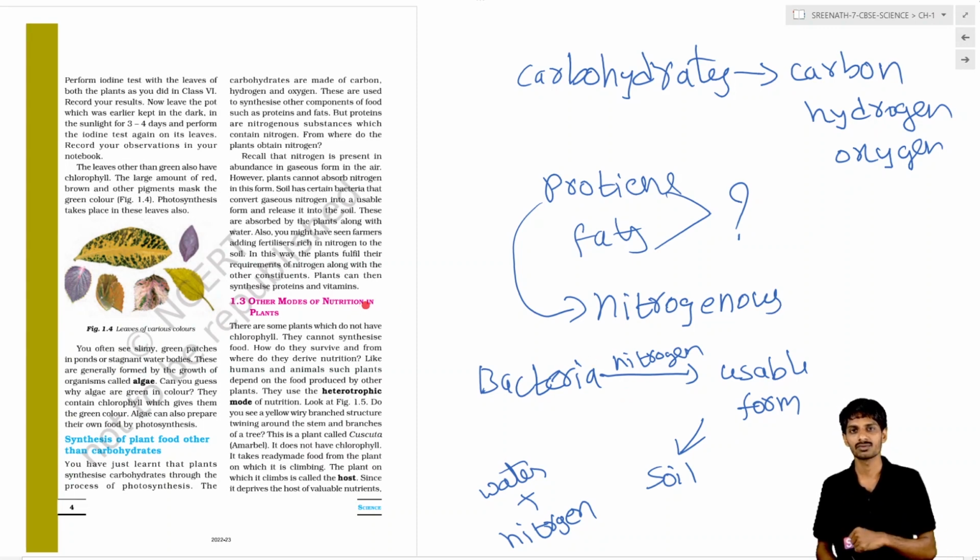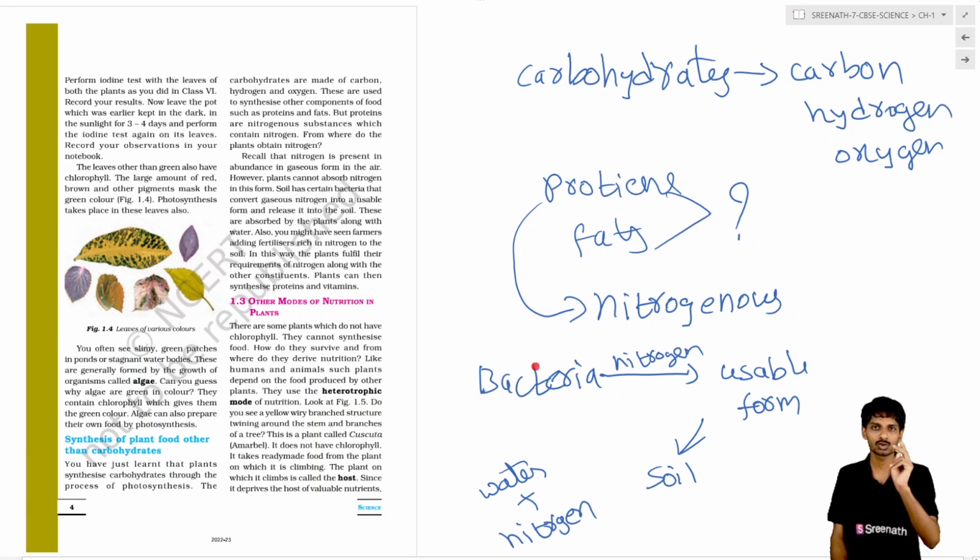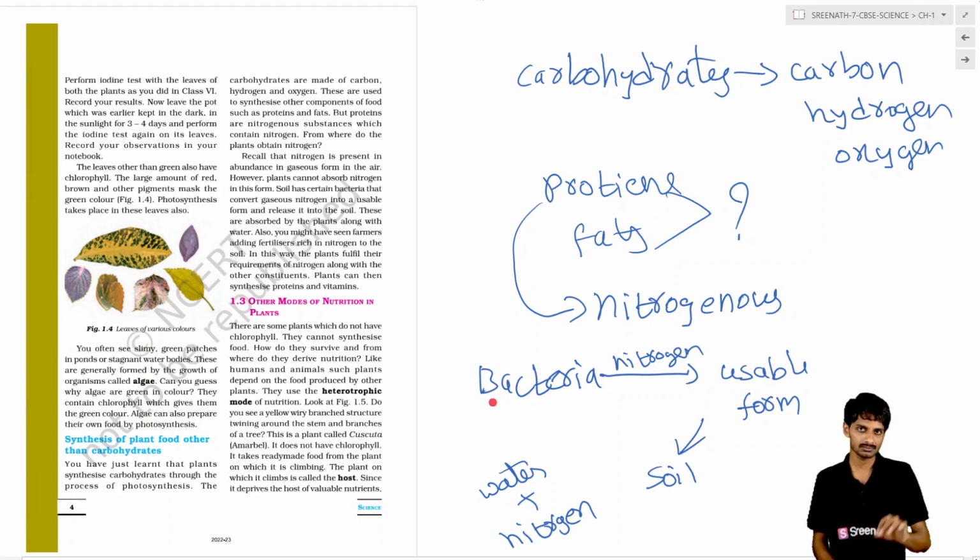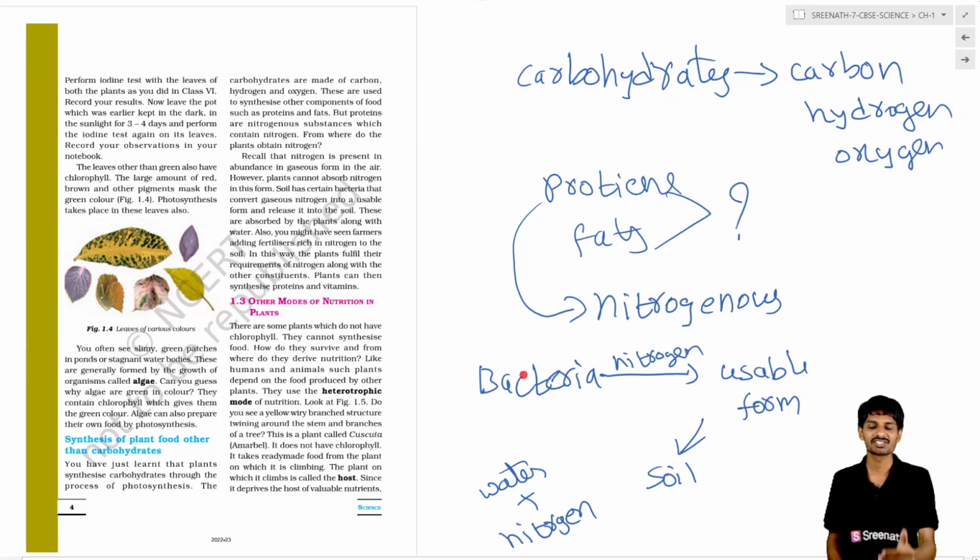Now we are going to discuss some other modes of nutrition in plants. In the first topic we learned two terms, autotrophic and heterotrophic. Autotrophic means plants which prepare their own food. Heterotrophic means plants which depend on other plants for their food.